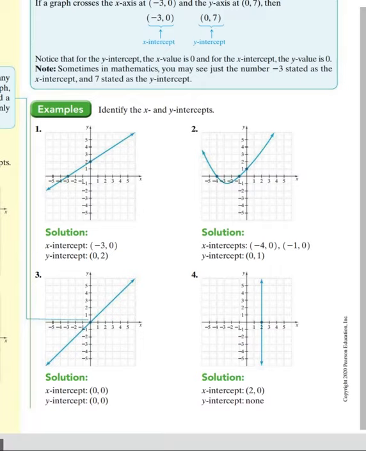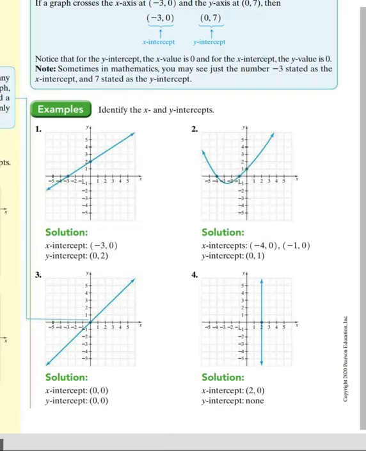Anyway, all we have to do is look at the line and watch all the things that it crosses. If we follow the line, we see right here is where it crosses the x-axis. So this would be an x-intercept. Keep following the line, and you see right here there's another one, -1. That would also be an x-intercept.